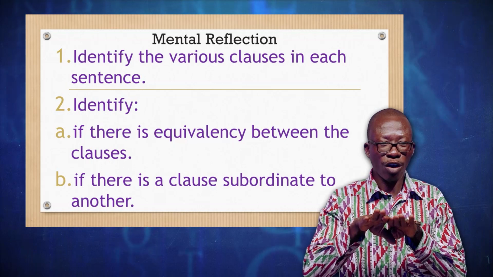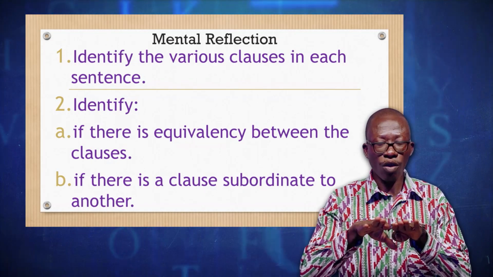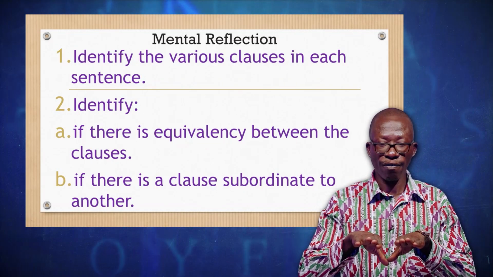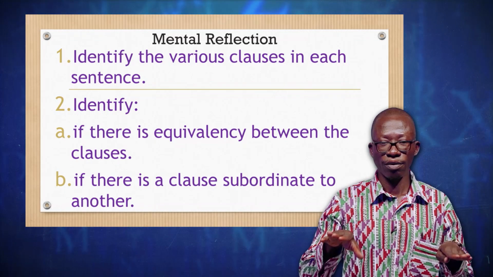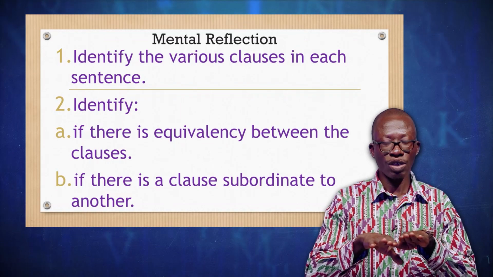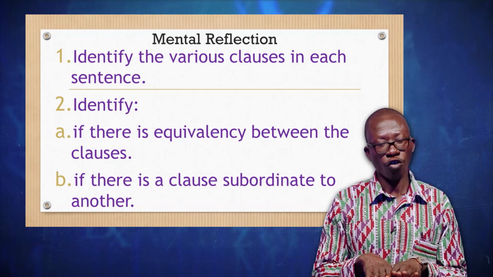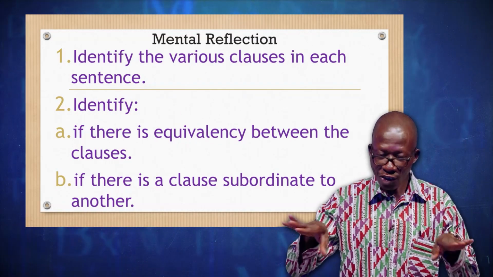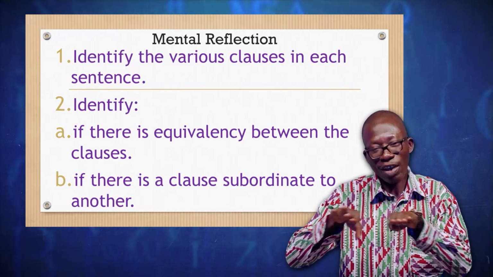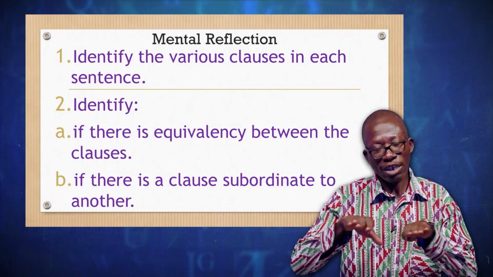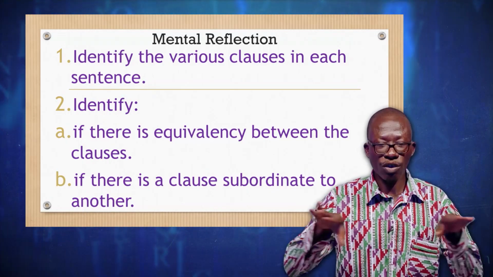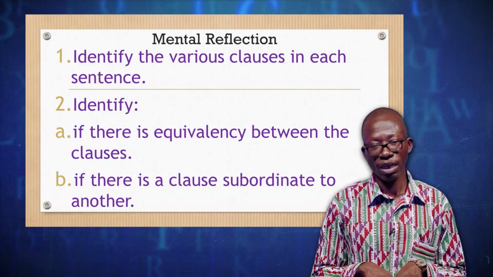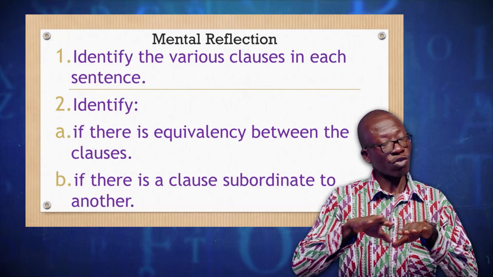We say a clause or clauses are on equal level when we have them to be independent clauses. 2 independent clauses. Of course, 2 dependent clauses also being together is also of equal level. But our discussion so far has been on 2 independent clauses linked together by a coordinator. And we have a series of coordinators that we studied.